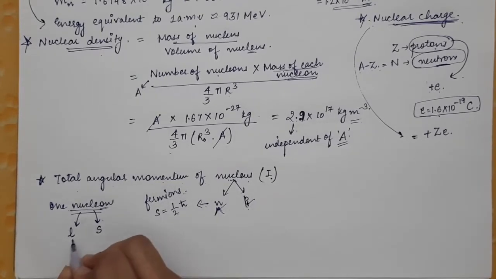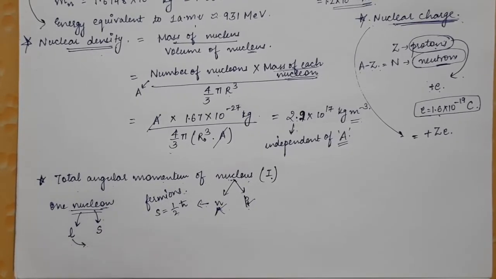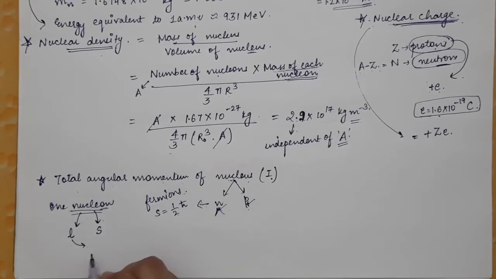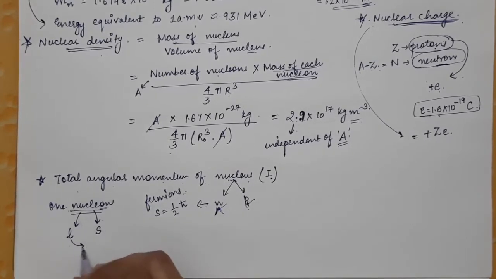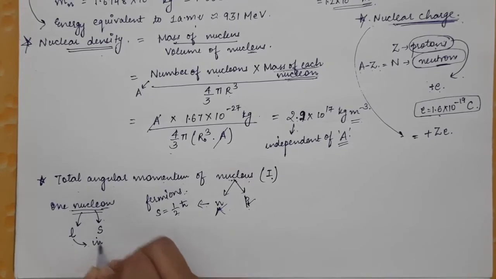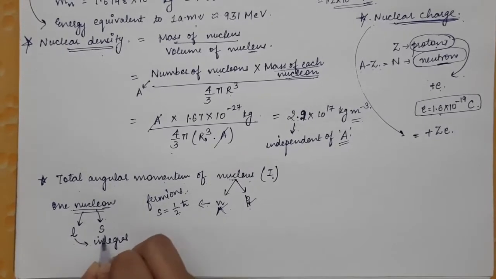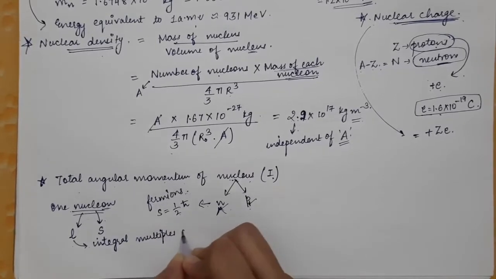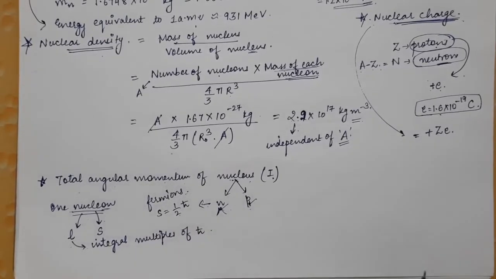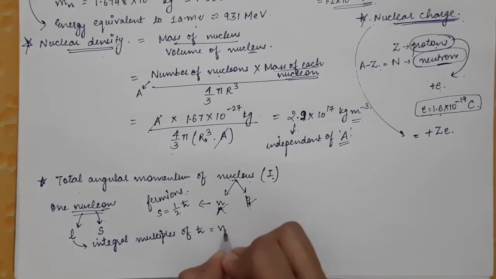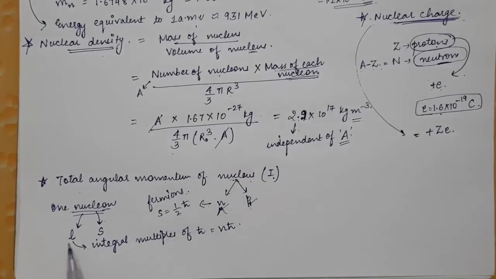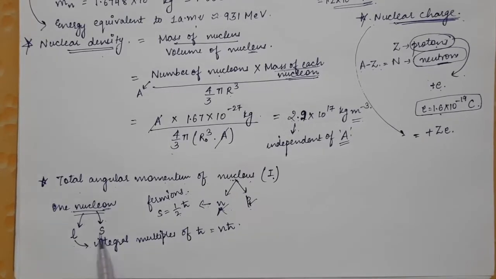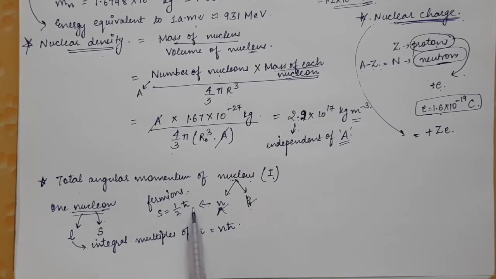Now this small l takes values which are integral multiples of h cut. That is, it will take values n h cut. It can be either 0 or 1 h cut or 2 h cut or 3 h cut and so on. And s takes the value of just half h cut.